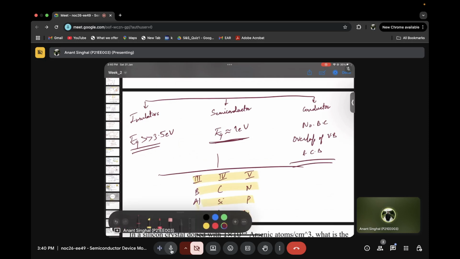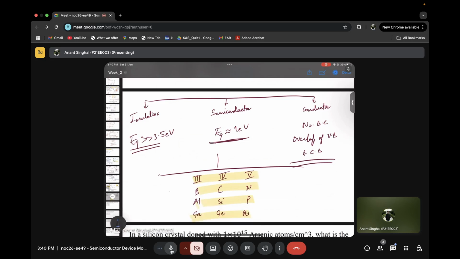Even if I talk more broadly, I'm not sure if I'm making the table correctly, but we have hydrogen, helium, lithium, beryllium, Na, magnesium, I think. These are all metals which are highly conducting.